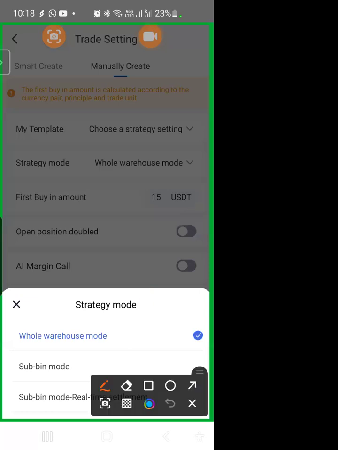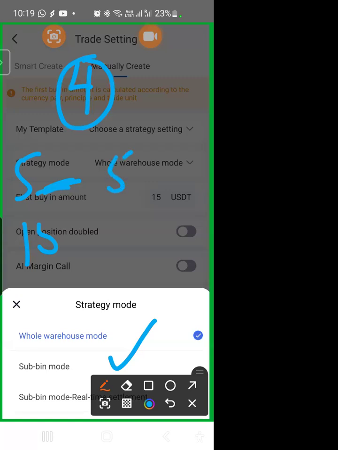But if you decided to put it in sub-bin mode, each one from the fifth to the 13th will be bought alone and sold alone, but you'll never see any capital until the first 4 margin calls are also sold. Therefore, it will join up profits from the fifth position to the 13th position together with these 4 and give you profits for 13 margin calls.